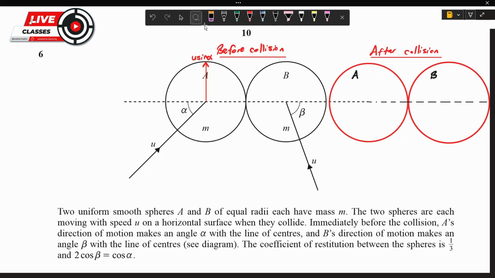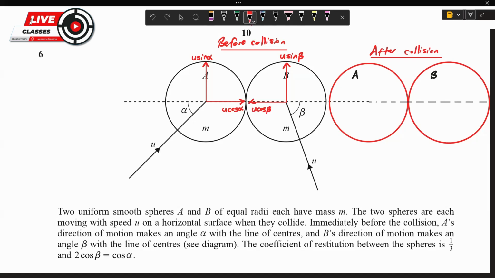Let me move this up a little. The component that is in the line of centers is this component here, which is U cos alpha. For B, the component that is perpendicular to the line of centers is U sine beta, and the one that is in the line of centers will be going in this direction, so that's U cos beta.